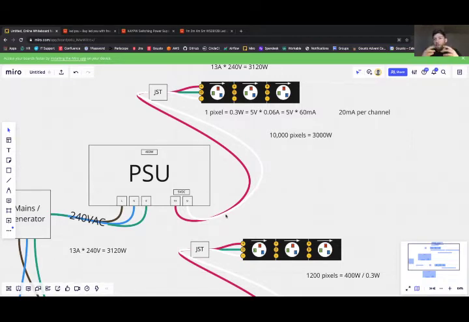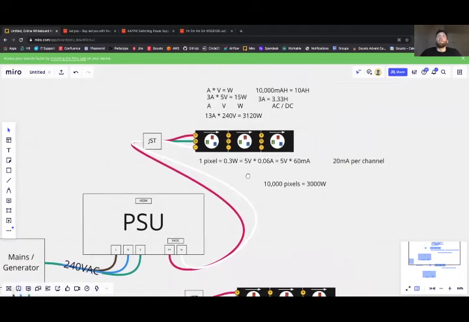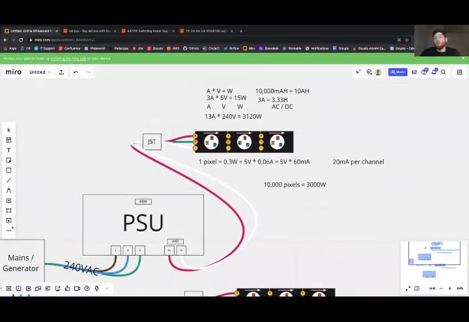So not all of the energy or potential that starts out at the PSU is going to make it to the LEDs. This can be measured. So if you take a multimeter and measure the voltage over longer and longer distances of wire, you'll notice that the voltage drops. Now, we know that these LEDs need 5 volts to survive and to work.